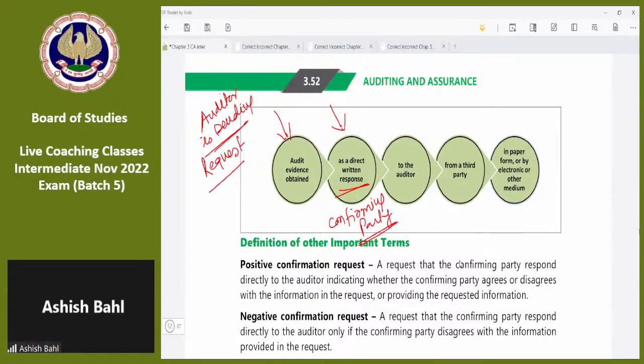The confirming party is giving the response to whom? To the auditor. So audit evidence obtained as a direct written response to the auditor from a third party, in paper form or by electronic or other medium. Is that clear to you guys?